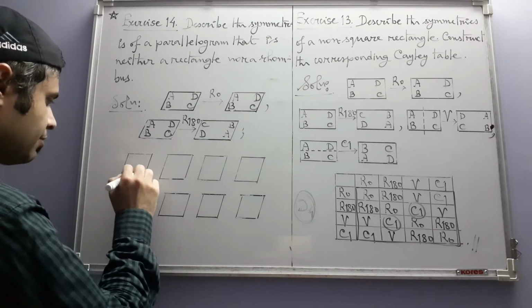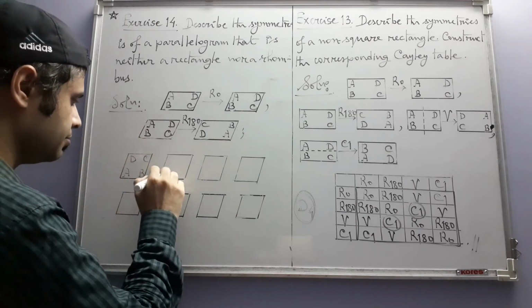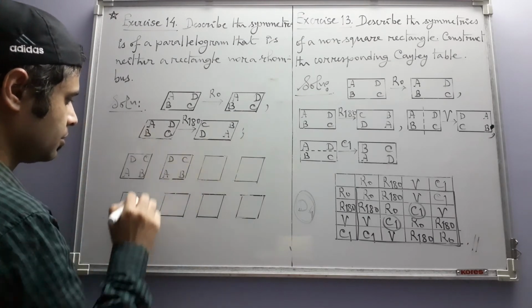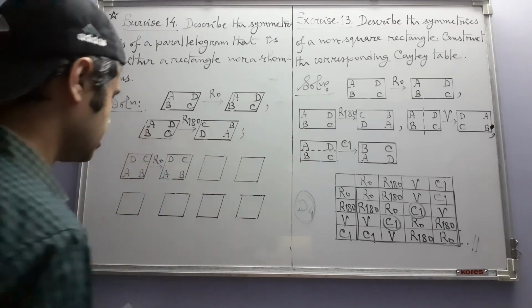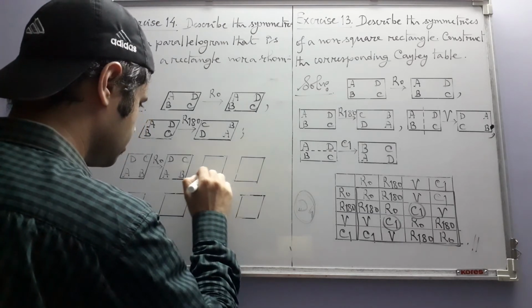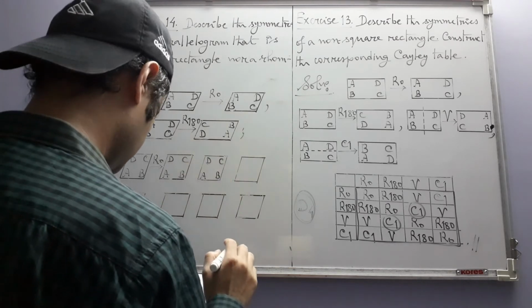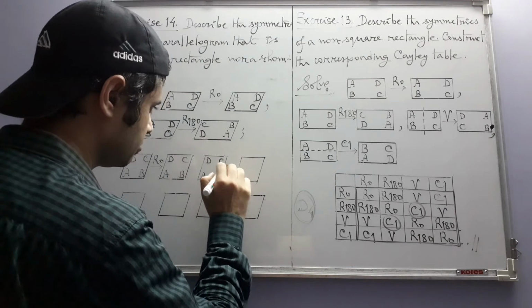Okay, so here we have the vertices A, B, C, D. So the first operation is identity, it does nothing. The second one is this R180.